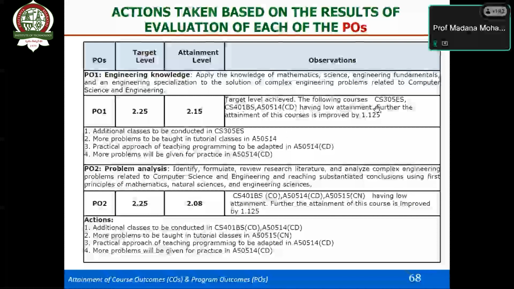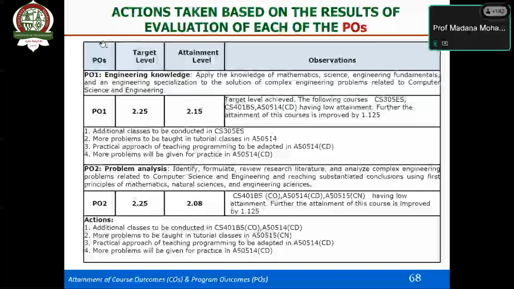Like that, depending on the course requirement, you can propose action taken. And these actions should be implemented in the upcoming batches. The target level should be increased. When all these measures are properly implemented, automatically the attainment will improve. If, even after doing all these measures, there is no improvement, then again you can see the gap, why that happened, and propose some more critical measures.